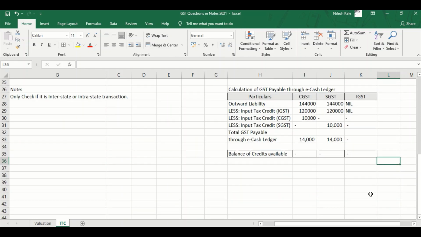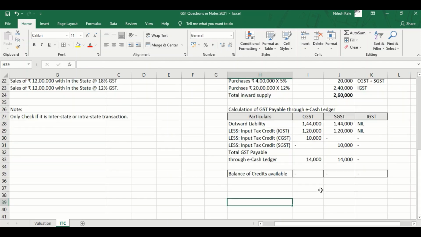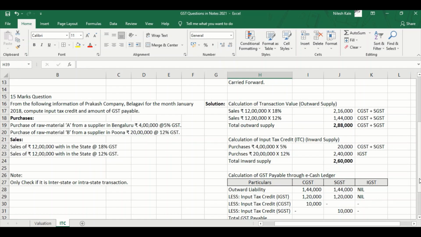Please write notes for this question. First we are using IGST credit, then we are using CGST credit, then we are using SGST credit. Hope this question is clear for your understanding. Do this, right? So please copy this question properly.